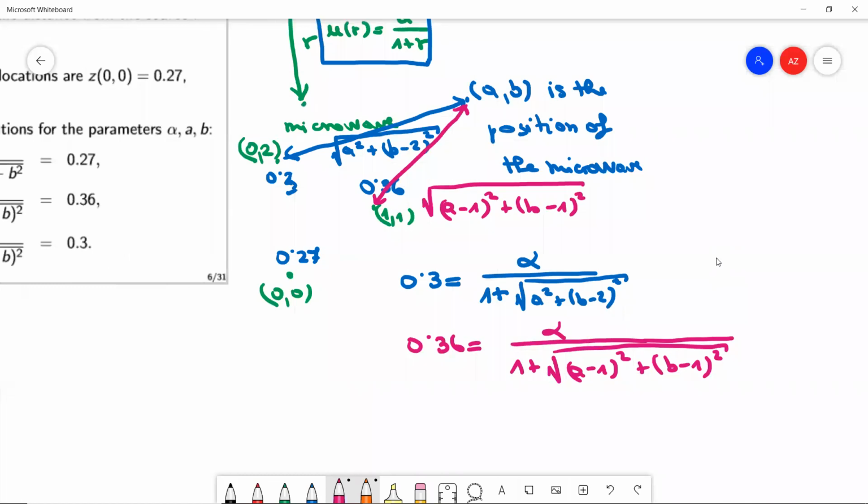And then the same for the third point. So 0.27 is alpha over 1 plus the square root of a squared plus b squared.